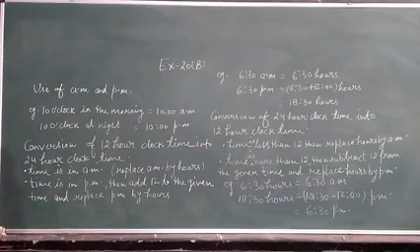Firstly, between 12 midnight to 12 noon, the time is written using the suffix AM, and between 12 noon to 12 midnight, the time is written using the suffix PM. Understood?